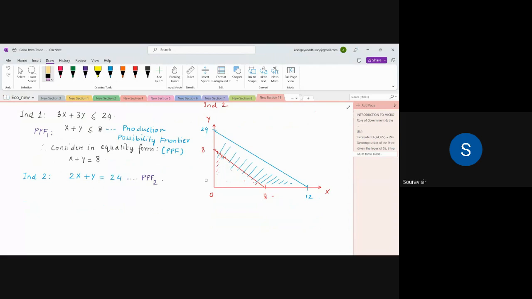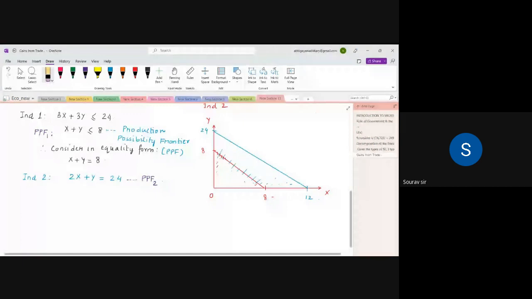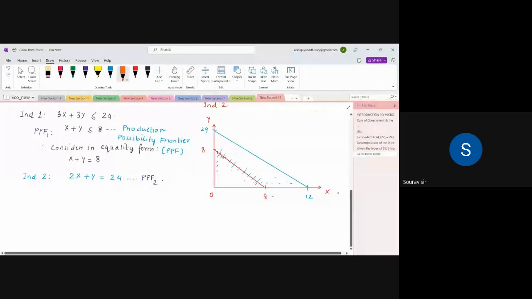That means we are only bothered about the points which are on the line, because any point inside the shaded region is a point where you are not using up your entire 24 hours and you are not producing at full efficiency. Therefore, for maintaining efficiency, if you are spending your entire 24 hours distributed between production of good X and production of good Y, you are producing at points which are on the PPF. Okay. So this is the first thing that we will do.